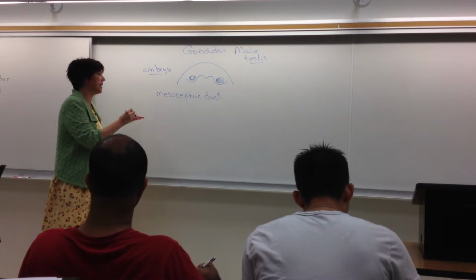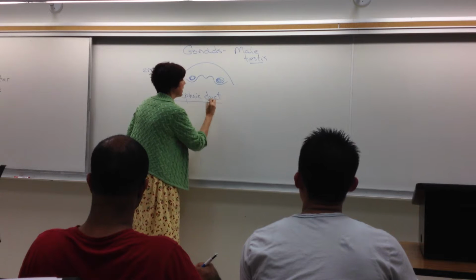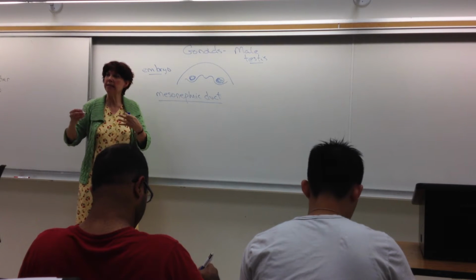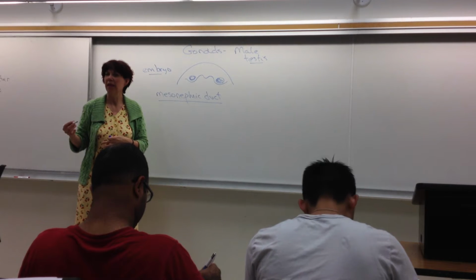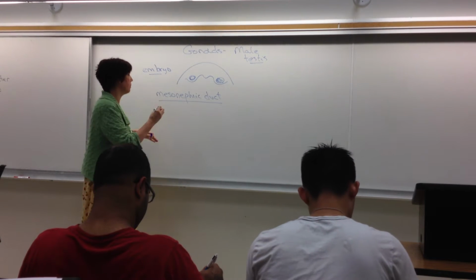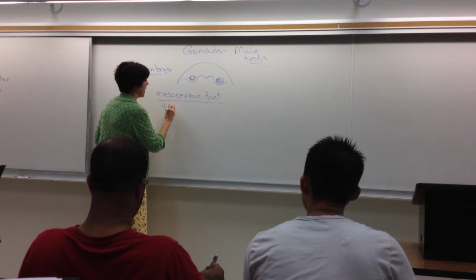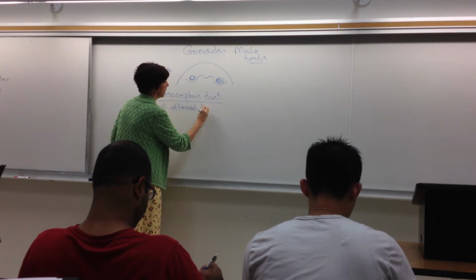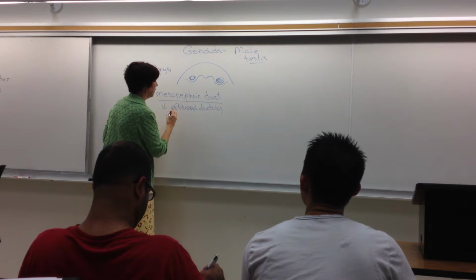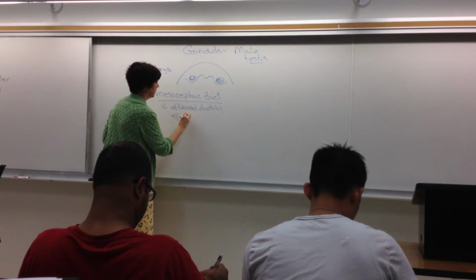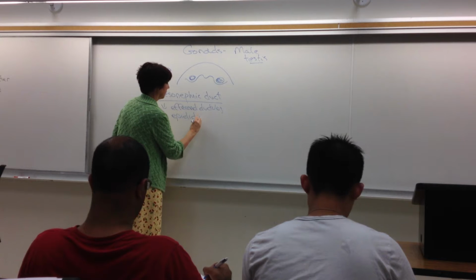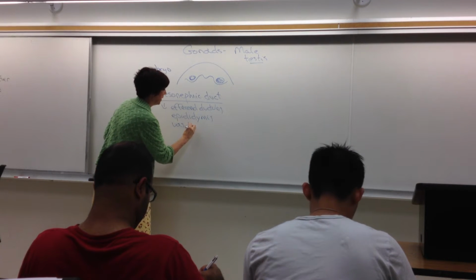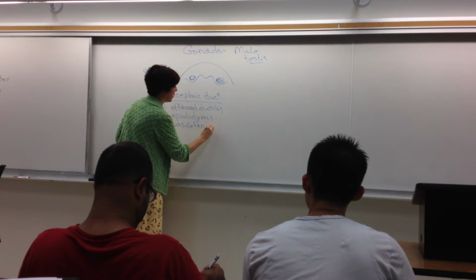For males, it is the mesonephric duct that is converted or further differentiates into male reproductive structures. All right, not the gonads, but this will become the efferent ductules, it will become the epididymis, and it will become vas deferens, and even the upper part of the urethra.